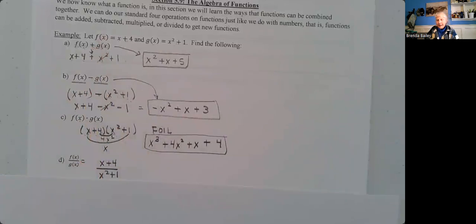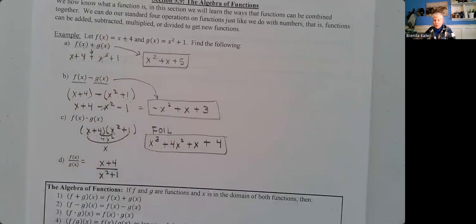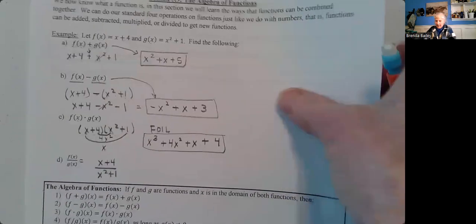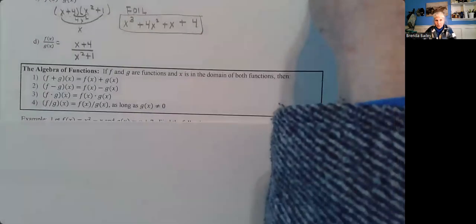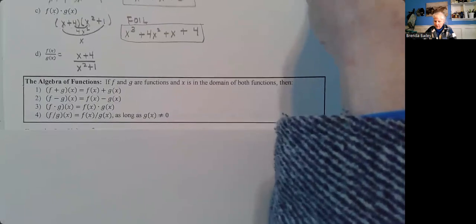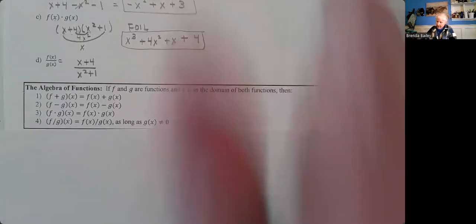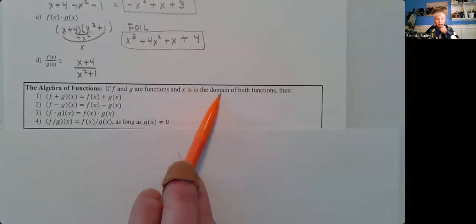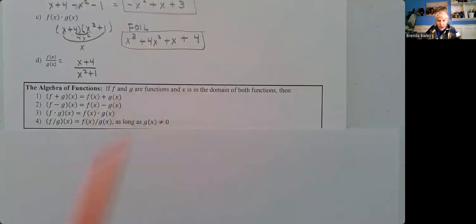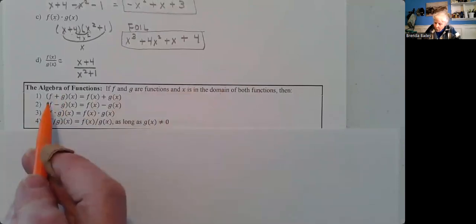All righty. Now let's look at some different notation that they might use on you and explain that notation to you. The first notation here, and we'll be talking about the domain, I think on the next page. But let's just talk about the notation.